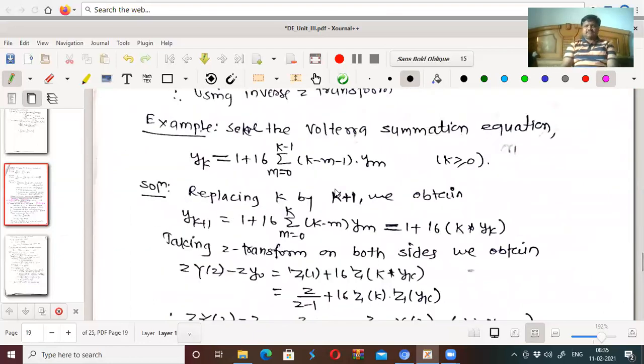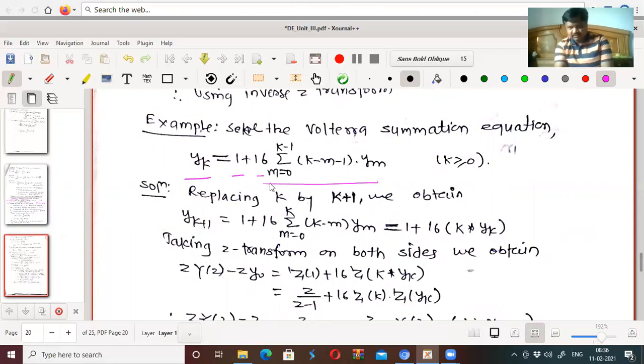We will go for the solution of this. Solve the Volterra summation equation y k equal to 1 plus 16 times summation from m equal to 0 to k minus 1, k minus m minus 1 into y m, for k greater than or equal to 0. Now here, first thing, replace k by k plus 1.